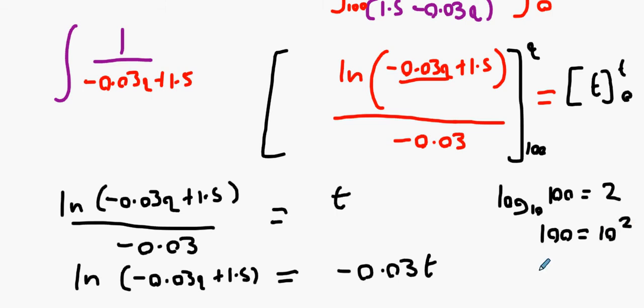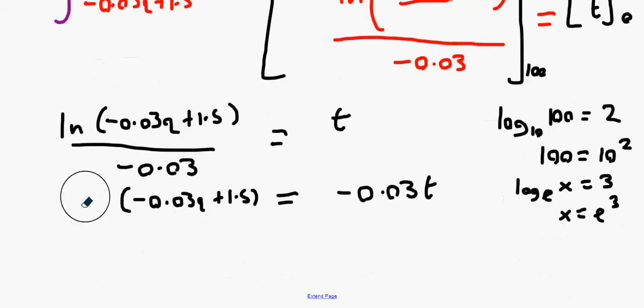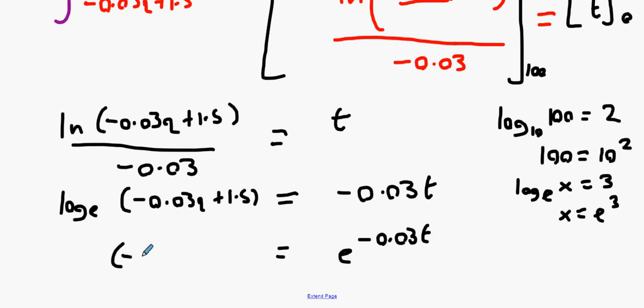If I said log base e of x equals 3, I'd then say x equals e to the power 3. So using this logic, ln means log base e. Then I'm going to have e to the power minus 0.03t equals minus 0.03q plus 1.5. That's what we're hoping for here.